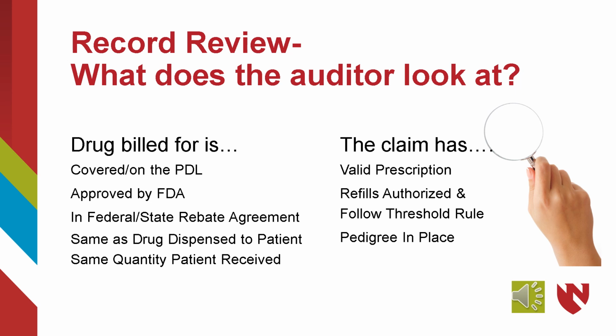Moving forward from the previous slide where we discussed how records are selected for review, this slide will discuss what the auditor actually looks for in those records. So hopefully getting this information will help you as a pharmacy technician in your daily workflow, not only to safeguard your pharmacy from overpayment, but to also safeguard the Medicaid program, and also to just help prevent findings when your pharmacy is chosen for audit.